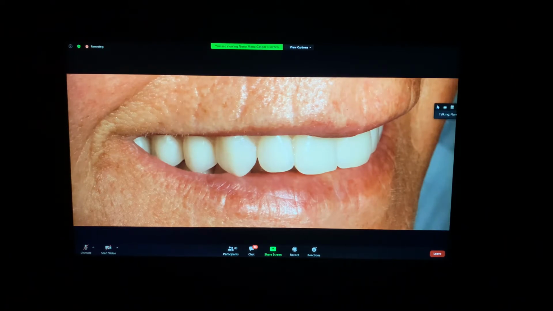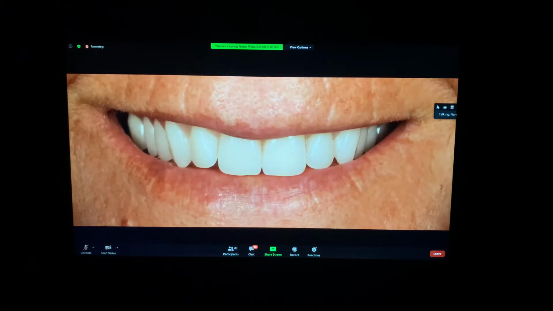She asked for teeth that could look natural and not all straight like a denture. So try to follow that. The patient requested natural-looking teeth.